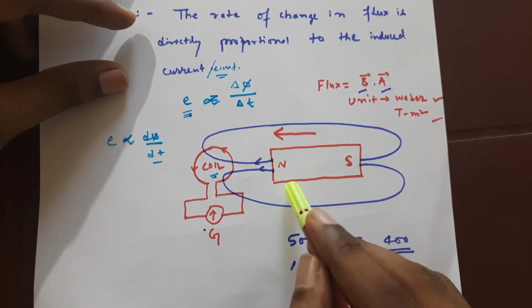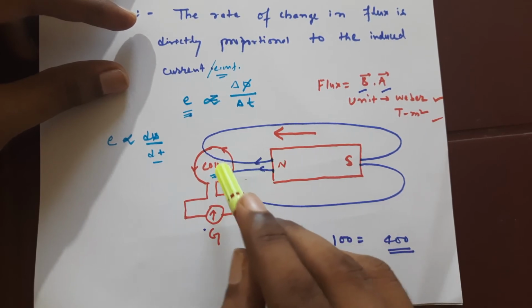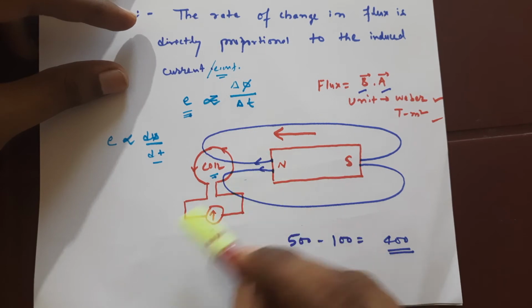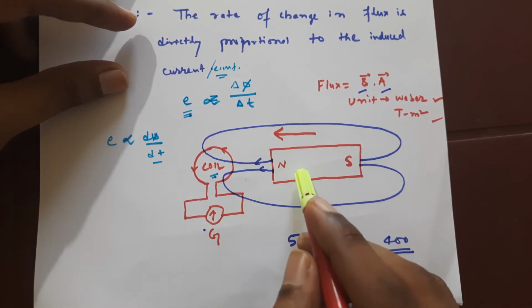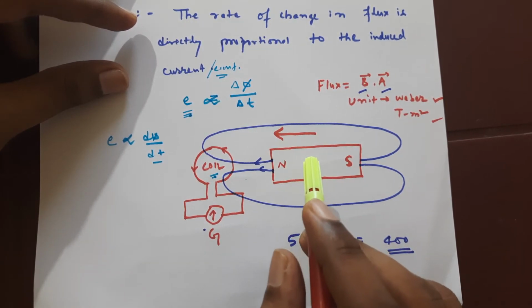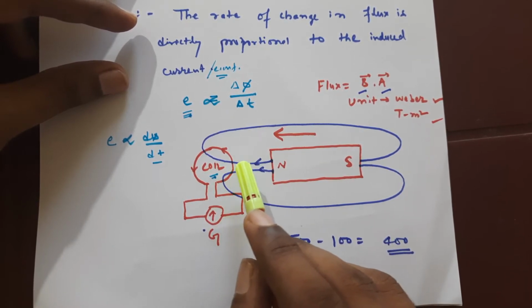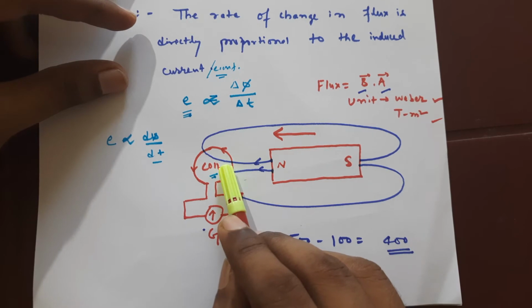Now it is brought closer. Now 500 lines of force are passing through this coil. What next? After 1 second, if the magnet is now at the rest position, the number of lines of force passing through this coil will also be 500.